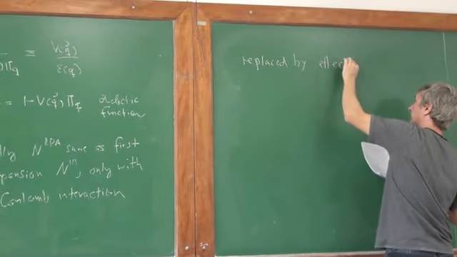I think I have written this down already once, no? Minus VFQ, where VF is just the Fermi velocity, and Q is the absolute value of the momentum. And the nu zero here is the density of states at the Fermi level.